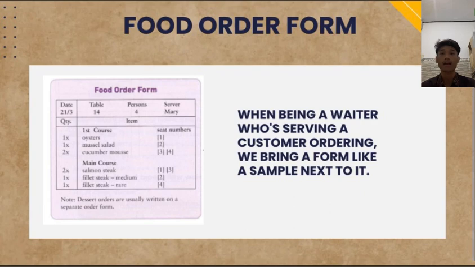Okay, next there is the food order form. When being a waiter who's serving a customer ordering, we bring a form like a sample next to it. And then you can see the food order form, there are date and person, server is Mary, and you can also add notes below the form.